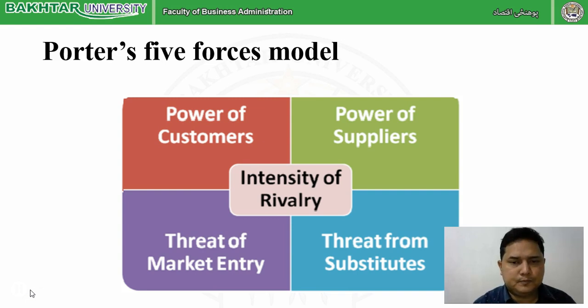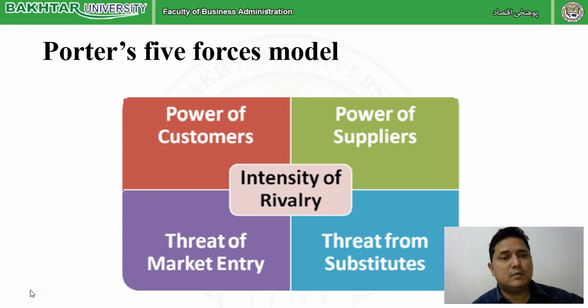Power of the customer. Are we unique? Are we a monopoly in the market? Is my project going to cover the maximum number of customers? Power of the customer depends on this: if the same product is provided by many companies, the power of the customer will increase because they have more options to adopt.